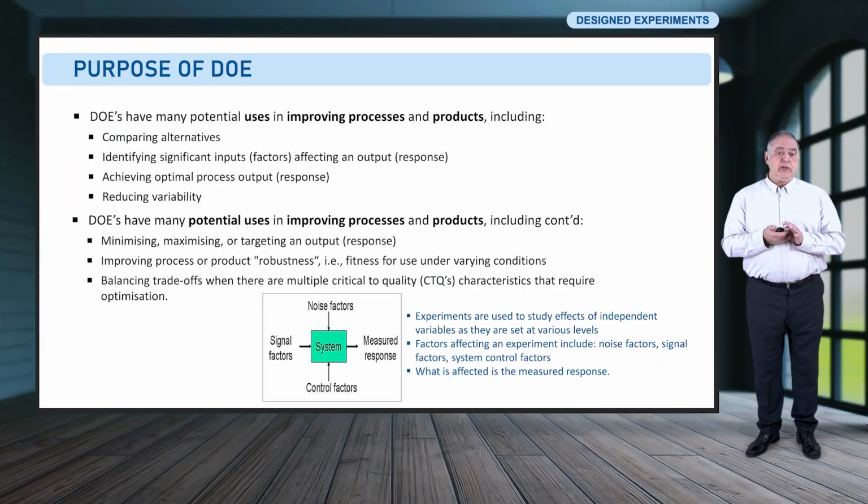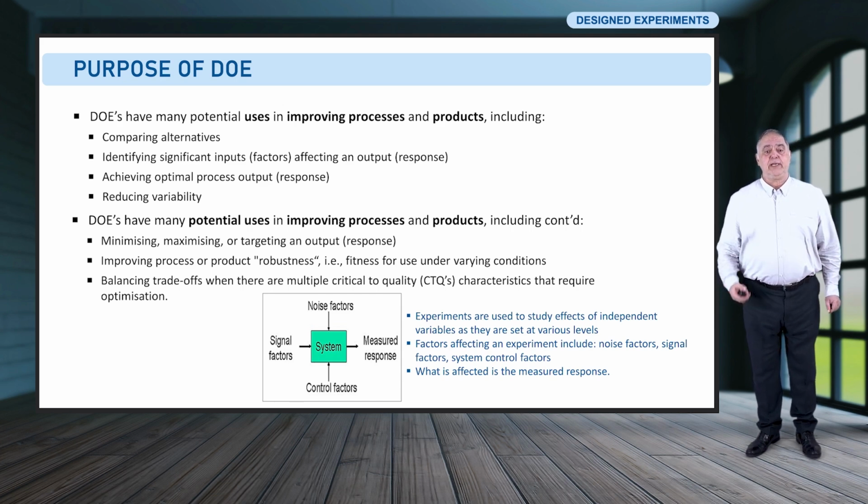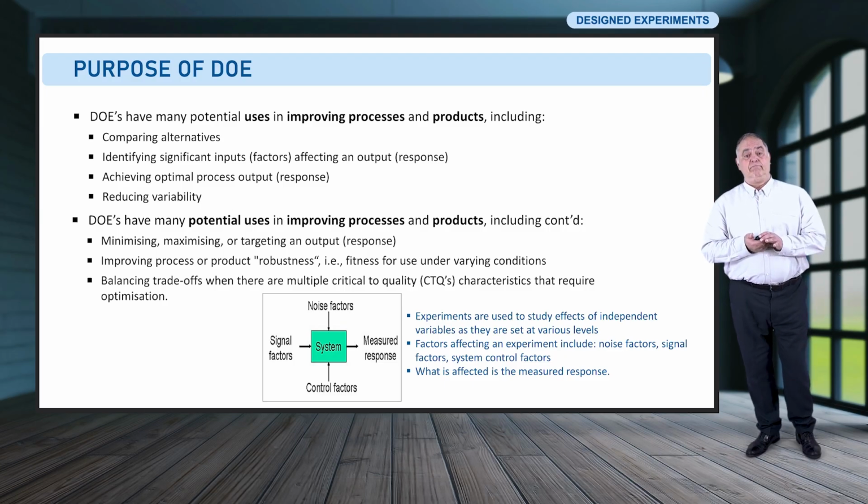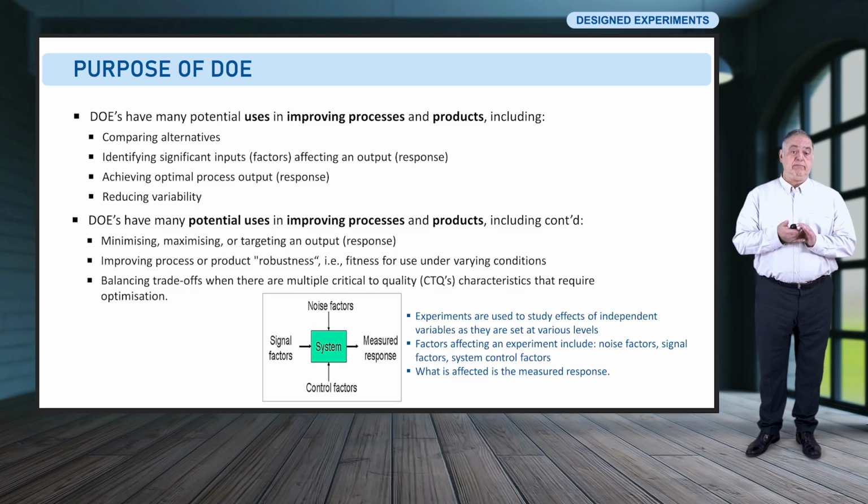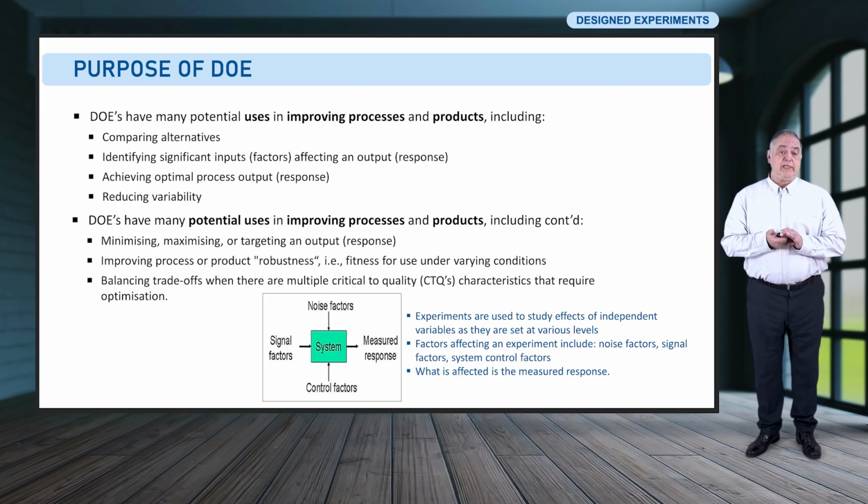So DOEs have many potential uses in improving processes and products, including comparing alternatives, identifying significant inputs, factors affecting an output, which is the response, achieving optimal process output, and reducing process variability.